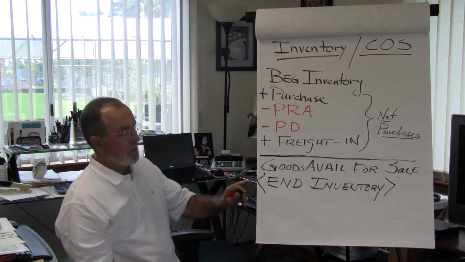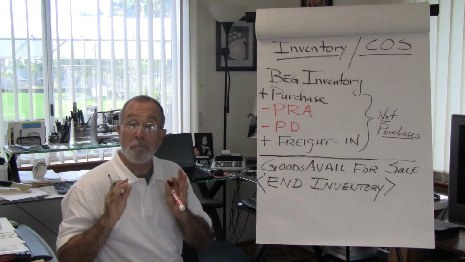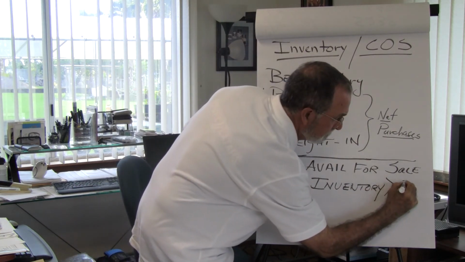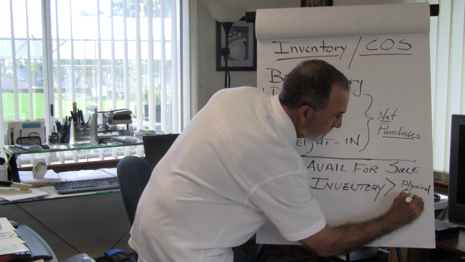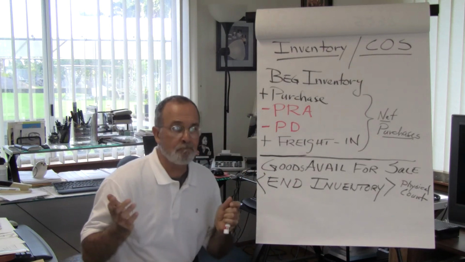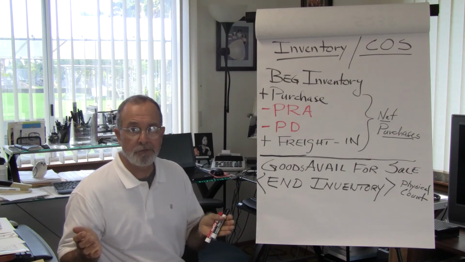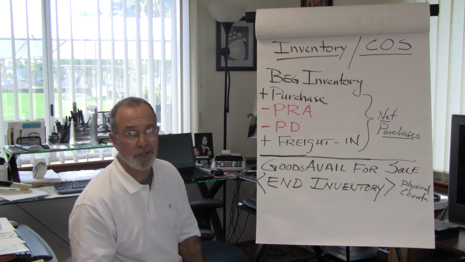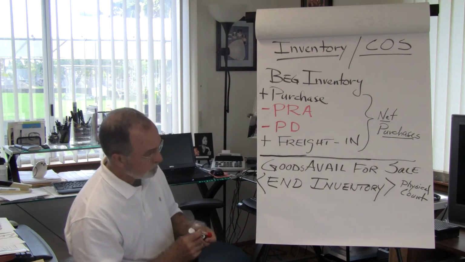And again, our ending inventory is typically calculated by actual physical count. Many businesses actually close the business down for a day or 2 at the end of their fiscal year to do a physical inventory. It can be a really big job, very time consuming, and it's a very important job.